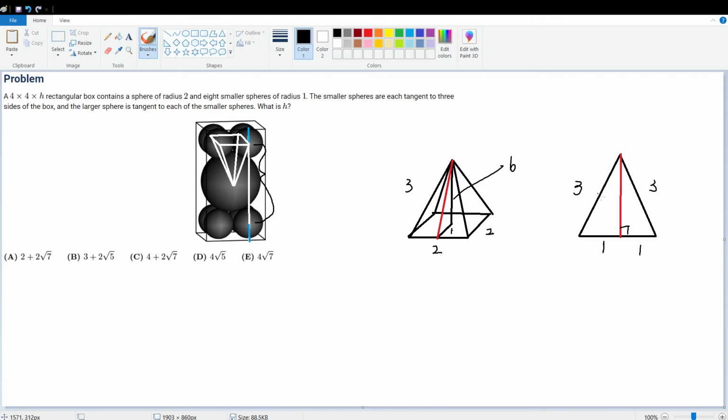And we can use Pythagorean theorem to find this length. We'll call this length A real quick. So we can say by Pythagorean theorem that a squared plus 1 is equal to 3 squared, or 9. From there, we can say that a squared is equal to 8.